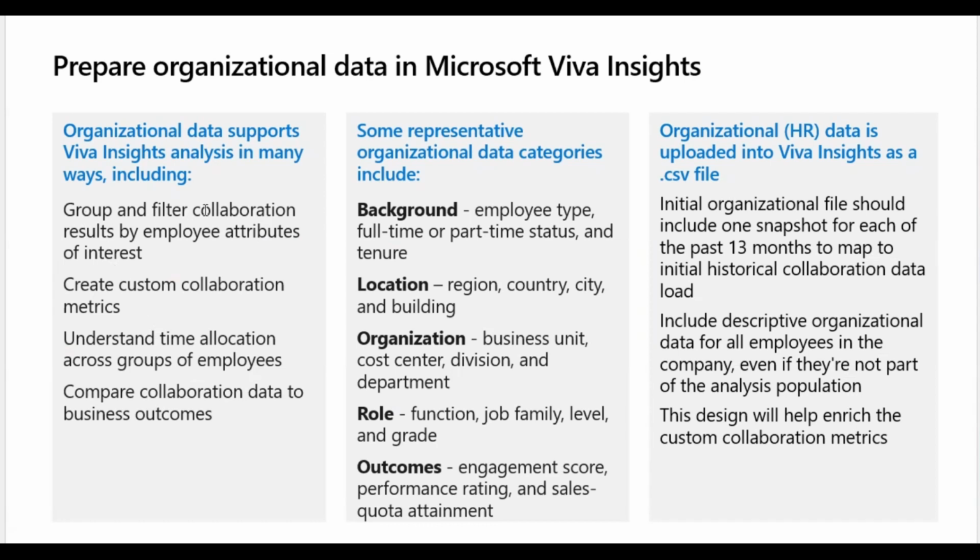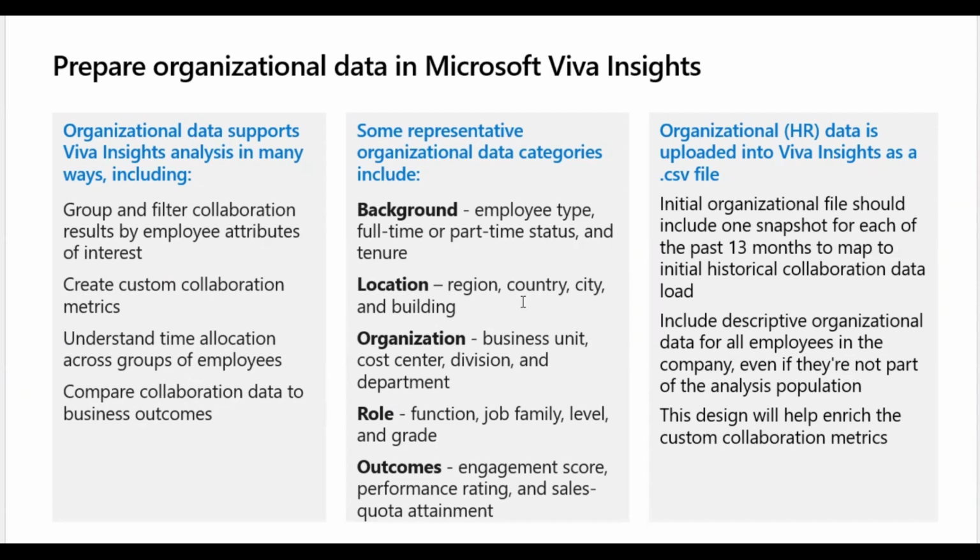So group and filter collaboration results by employee attributes of interest, create custom collaboration metrics, understand time allocations across groups of employees, and compare collaboration data to business outcomes. Some representative organizational data categories include background, employee type, full-time or part-time status, tenure, locations, region, country, city.